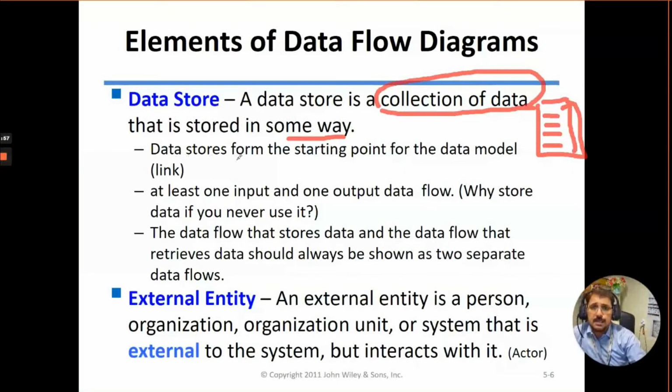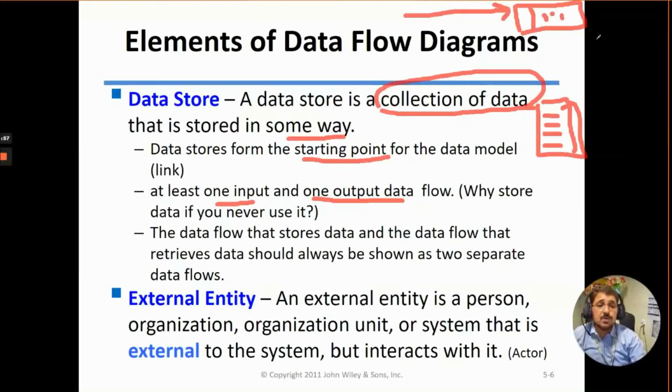Then the data store forms the starting point of the data model. Sometimes it creates the starting point of the data model. At least there should be one input and one output data flow. Let's suppose this is a data store. If you are storing data, some input must come to it, so that the data can be stored.